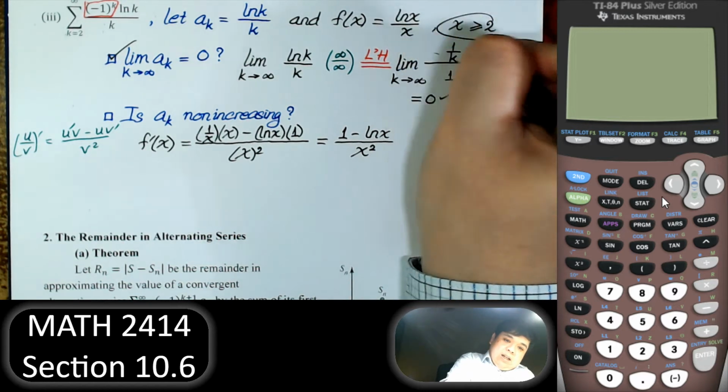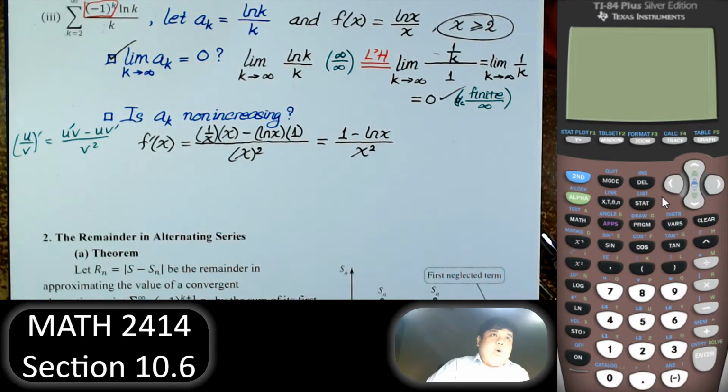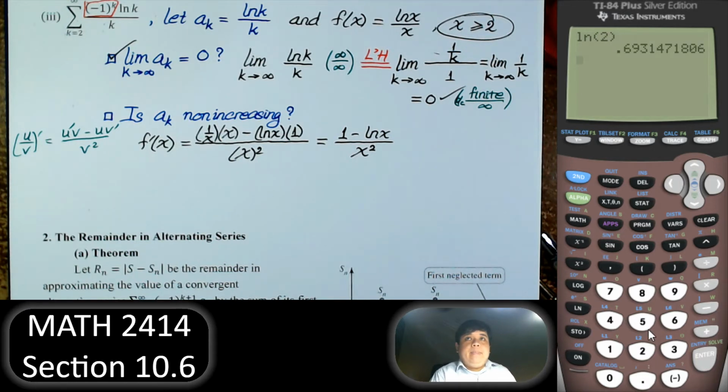Now notice that this is for x greater than or equal to 2. Now when x is greater than or equal to 2, ln of 2 is that, so this one is positive. ln of 3 is negative.